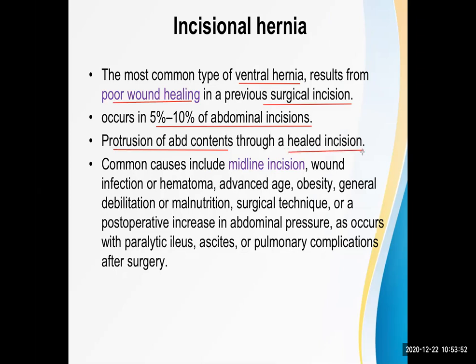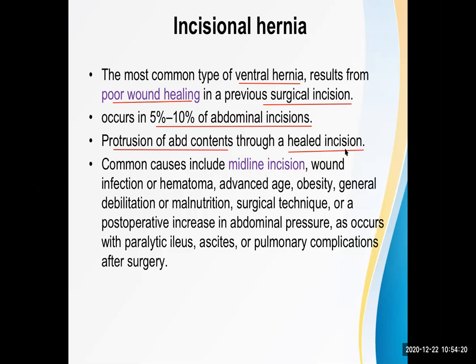Now let me clarify this. If the incision is still raw, the surgical incision has just been sutured, perhaps because of some infection, and the intra-abdominal contents are coming out, this is not called incisional hernia. This is known as wound dehiscence. Incisional hernia will occur only through a healed incision.